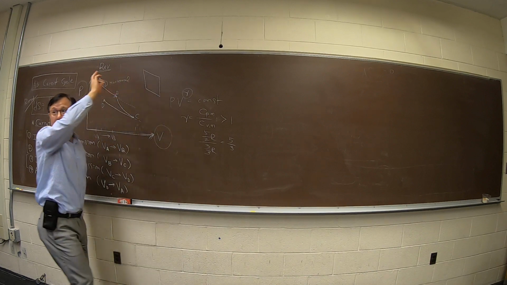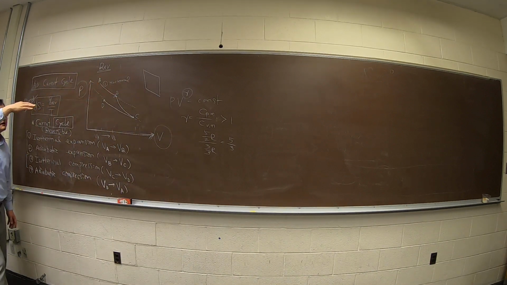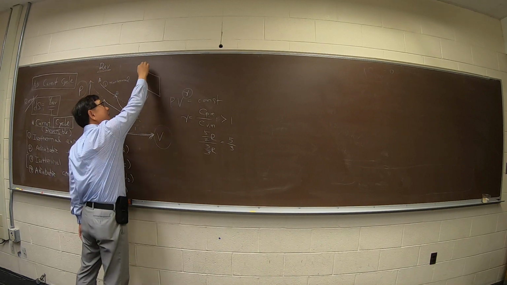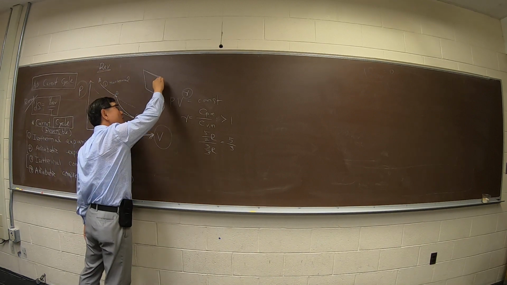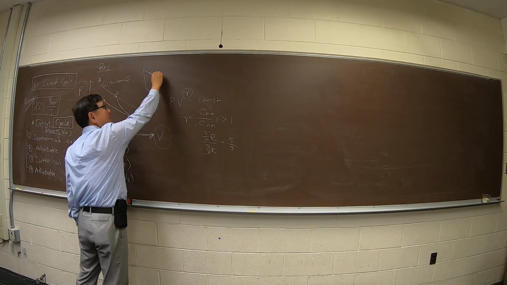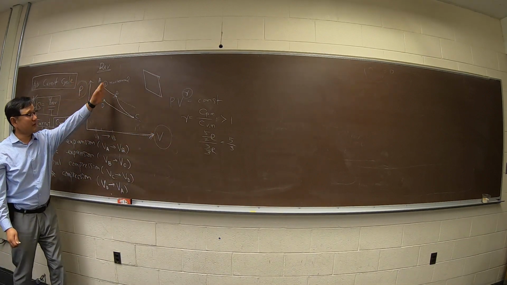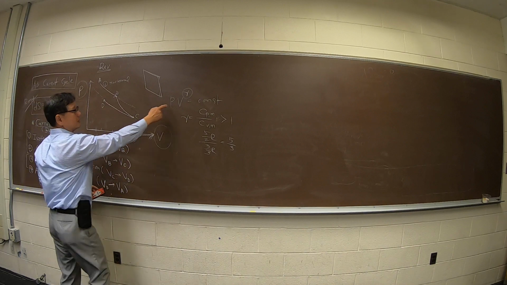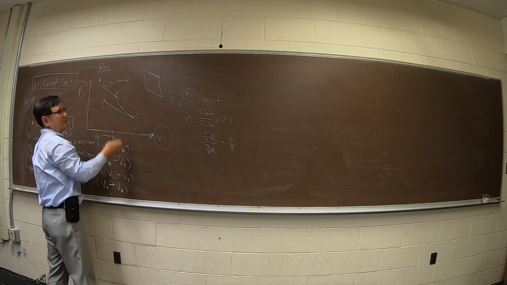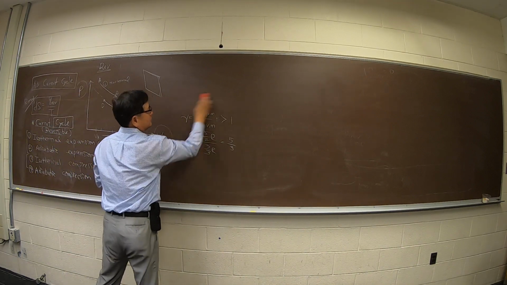Okay, this is the idea. It is not a straight line, but at least the slope is milder or sharper decrease. So this is what it looks like. But the real thing is the curve following the PV equal constant line.